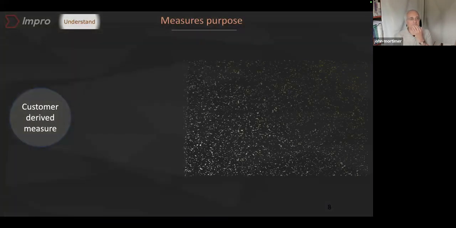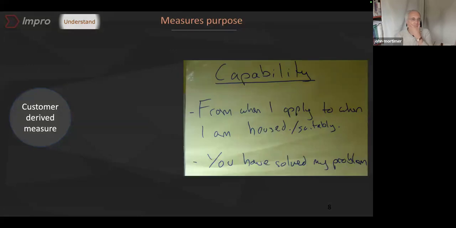So what's the measures? The measures is derived from the purpose. So now we're looking at what are the measures that the organization used. What's the systemic measure from the customer's perspective or from the user's perspective? Now, if you're in need of housing, that's quite an easy one.